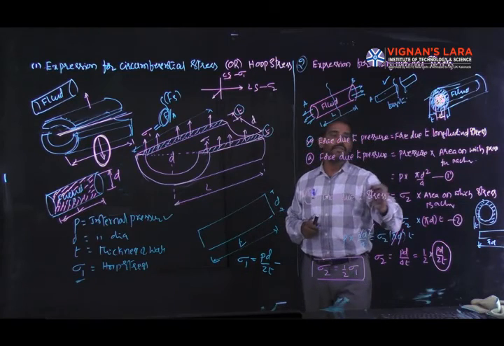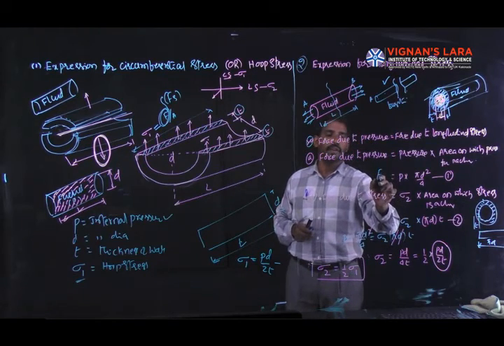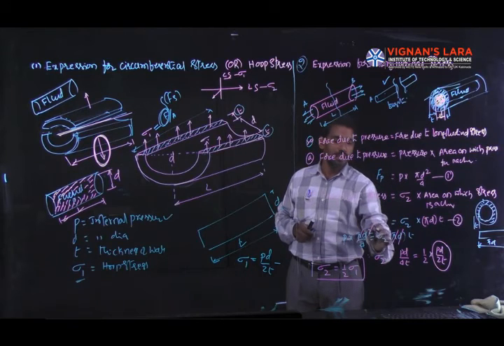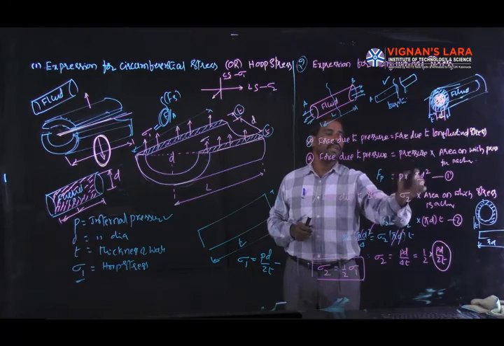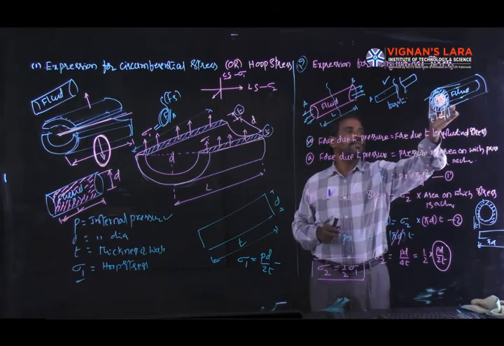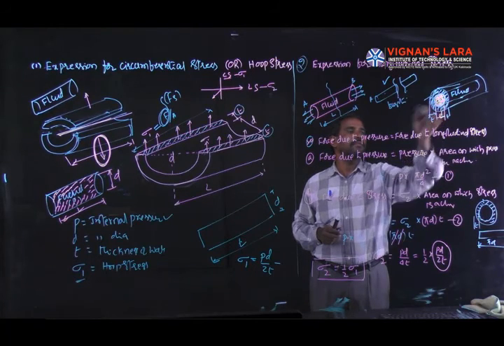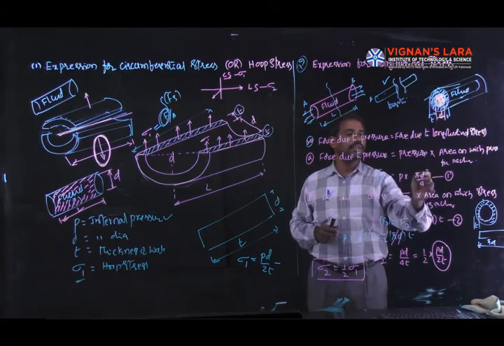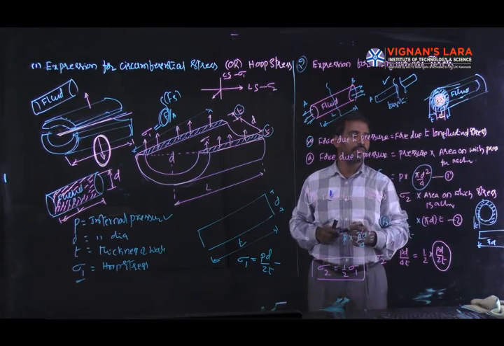Then we calculate the force. Here, this is the force due to pressure and this is the force due to the stress. The pressure force is acting on this area, which is equal to pi d square by 4.